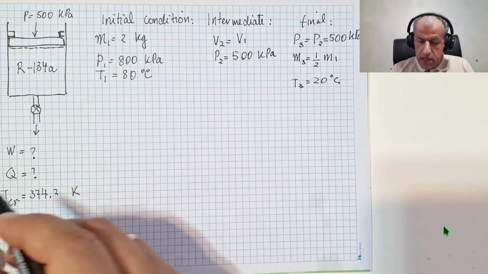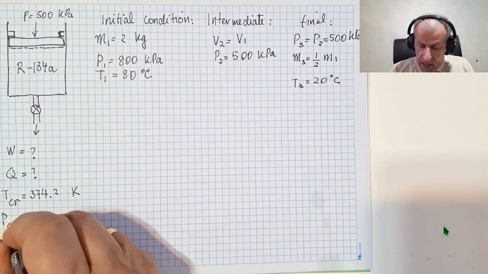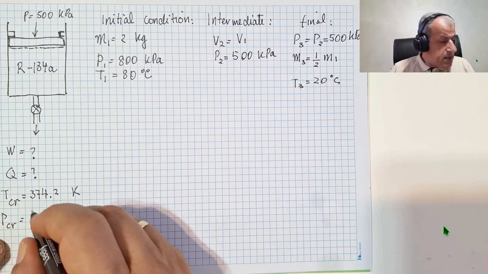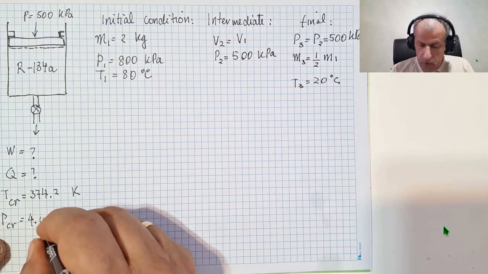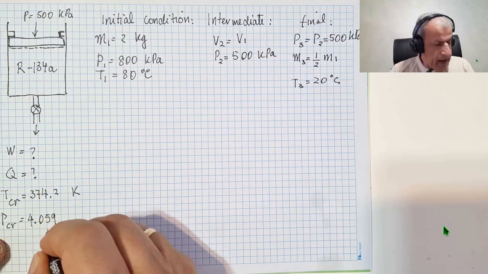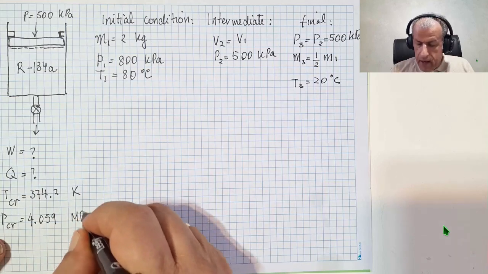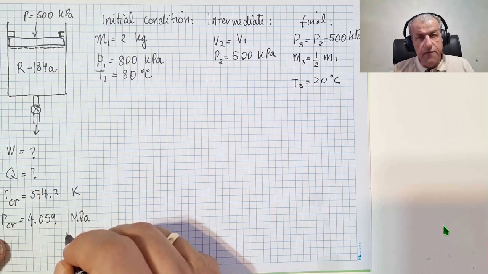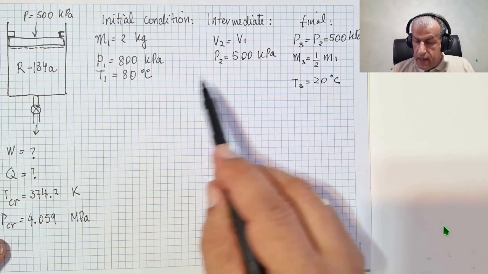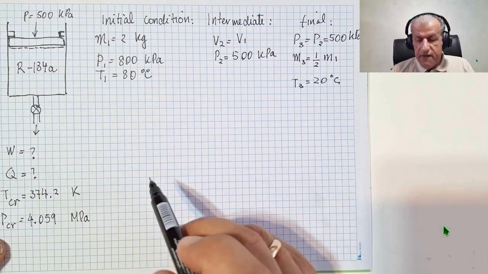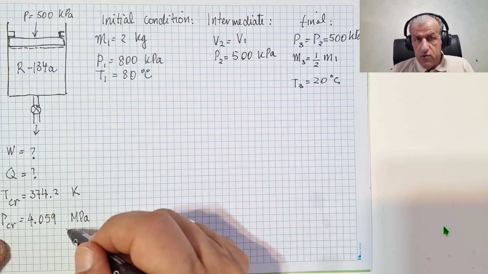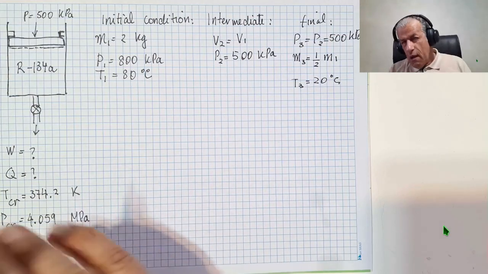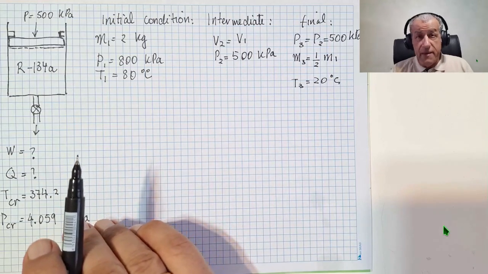below the critical point. But the P critical, the critical pressure, is 4.059 megapascal, and therefore looking at 800 kilopascal and 500 kilopascal and comparing with this value, the temperature is almost about the same as the critical point.